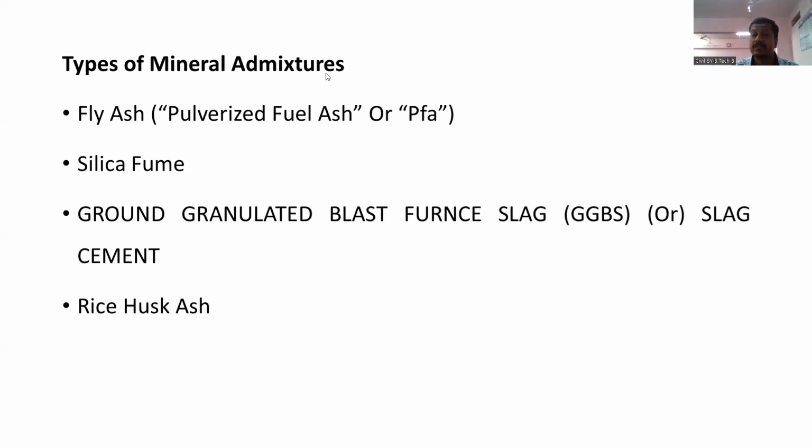So if you are going to save that much money, it will help you to make your structure economical. Okay, that is why fly ash bricks are now going to get a good market in our construction sector.